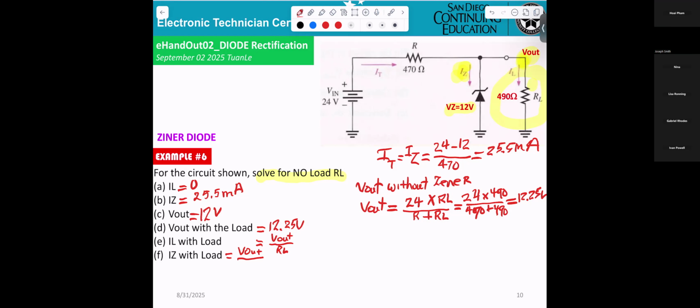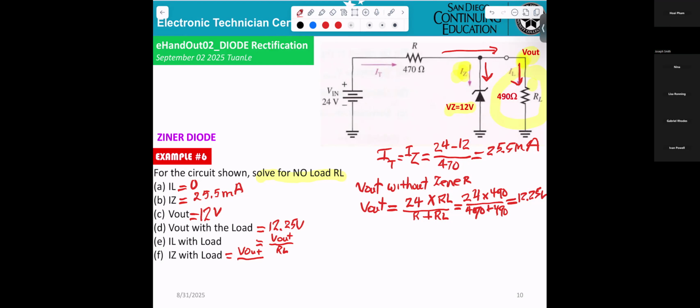I total goes this way: one part goes here, one part goes here, and now you already have IL.